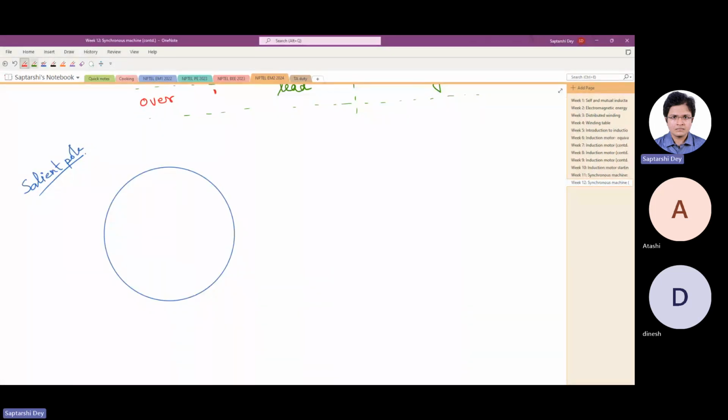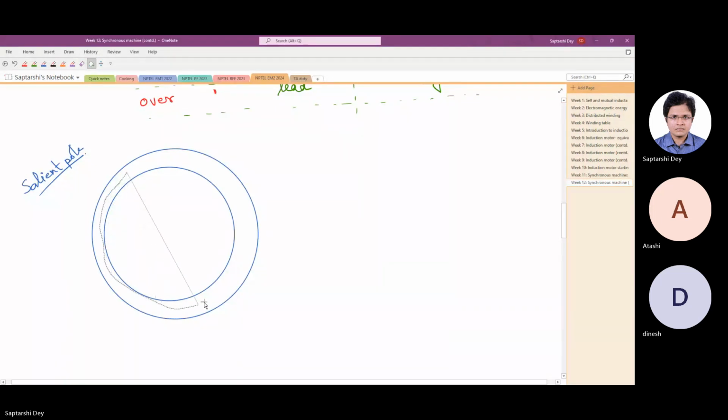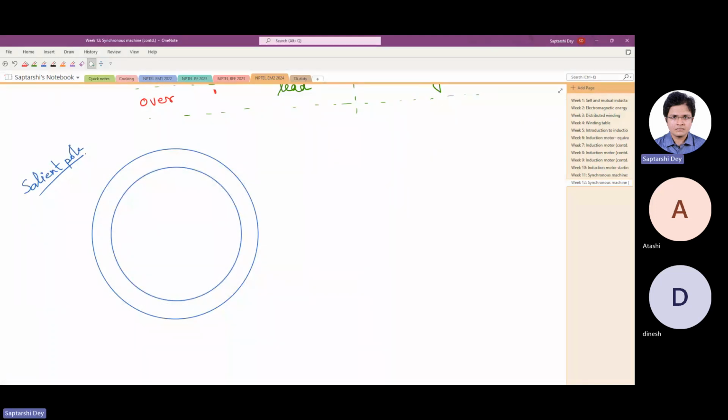Okay, now this is say the stator, and the rotor is somewhat like this.